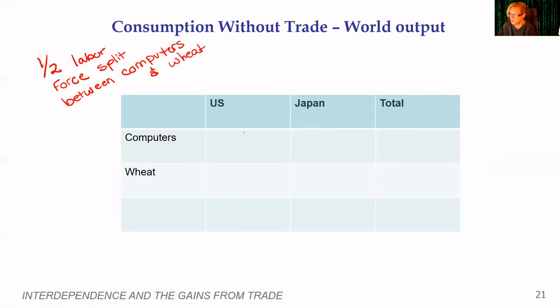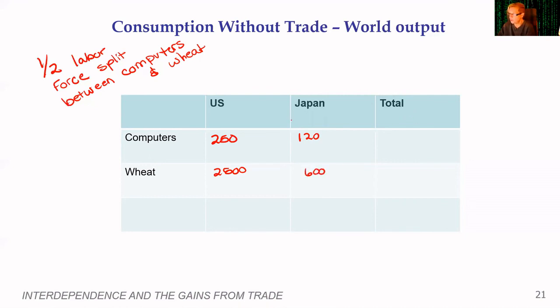So the US right now, splitting its labor force and not trading with Japan, is doing 250 computers and 2,500 wheat, right? And Japan, splitting its labor force, is doing 120 computers and 600 tons of wheat.